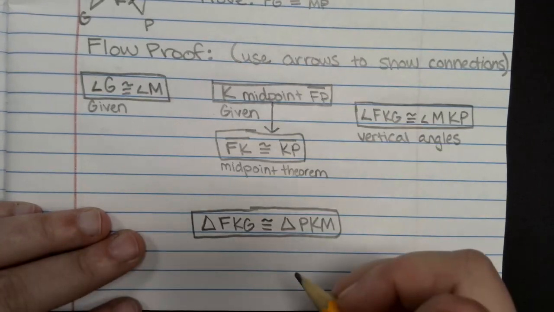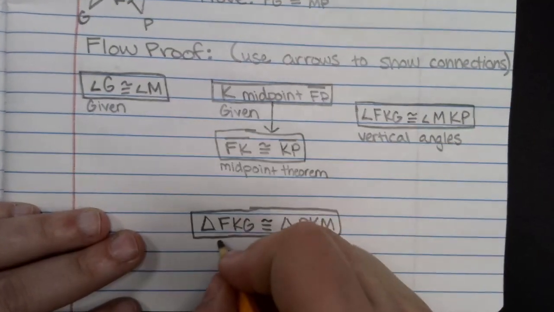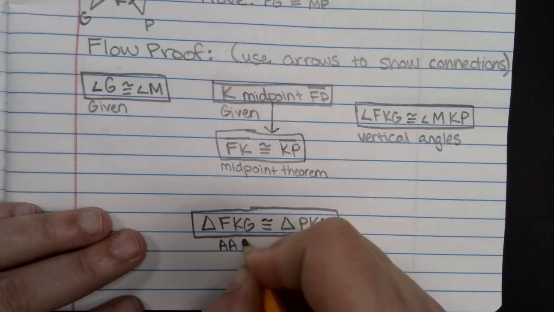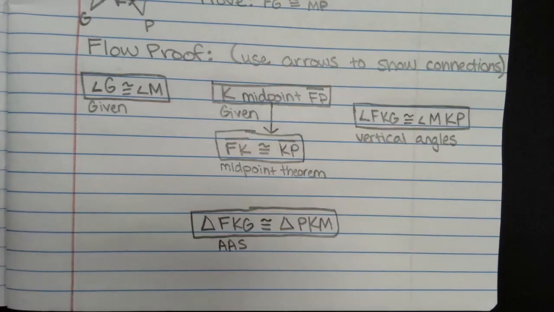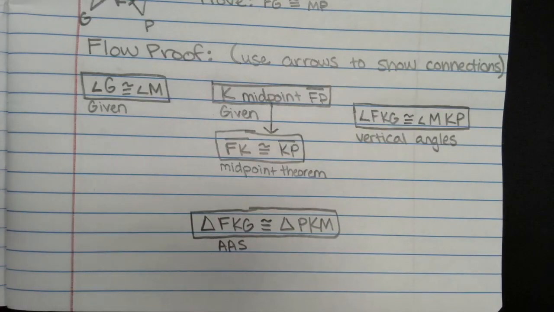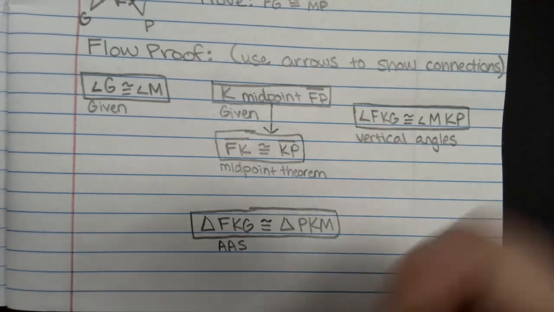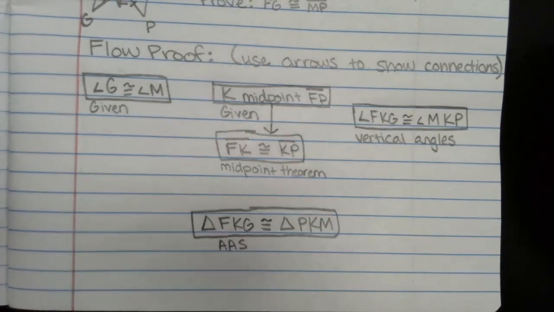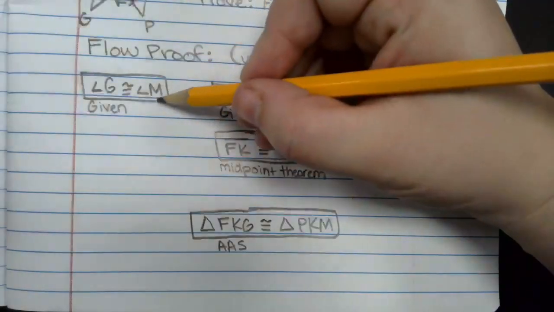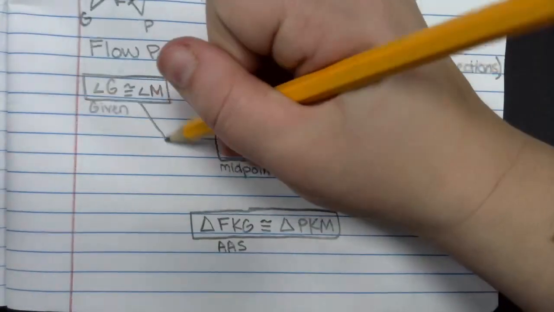And what was our theorem for that? Angle, angle, side. So I want to connect those angles and those sides that we stated. So what was one of the angles that we said was congruent? We said G and M, right? So that goes here.